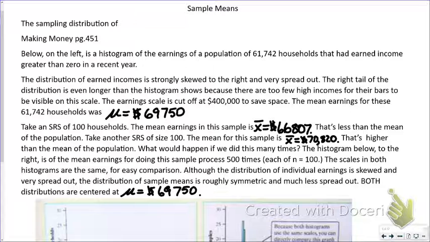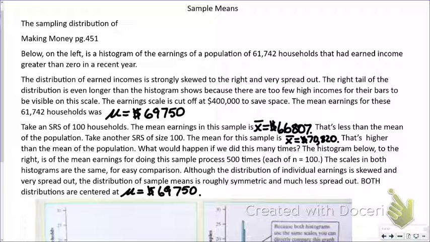So in this one it's earnings. See here it's written the true mean amount of earnings or income is $69,750, and we take a sample of 100 households and they get a mean of $66,807, so a little under the average.